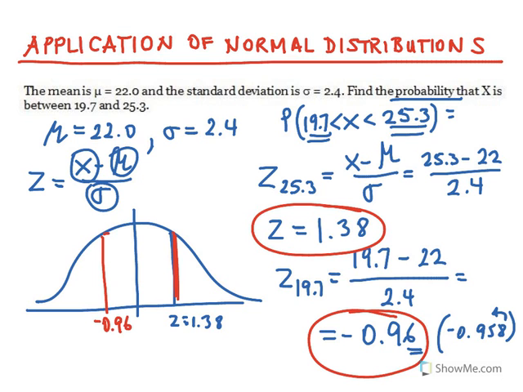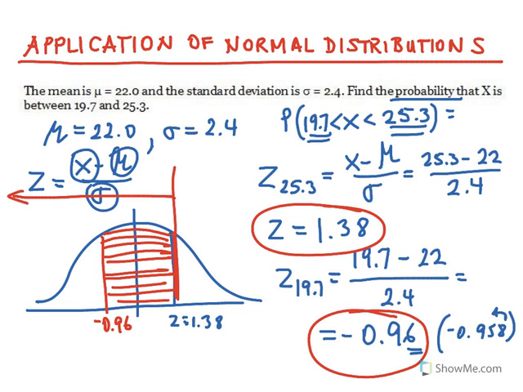So we need the probability of this area right over here. What are we going to do? We're going to find the area to the left of z equals 1.38, find the area to the left of minus 0.96, and subtract this smaller area from the bigger one to find the area in the middle.